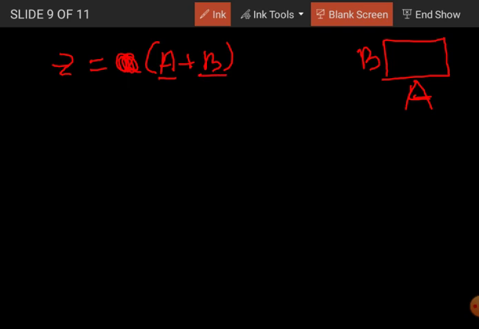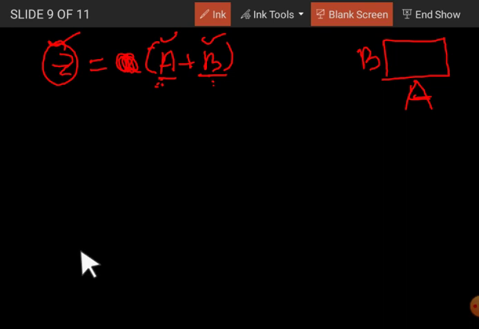So a physical quantity is expressed as the sum of two other physical quantities. Got it? Z is a physical quantity, A is a physical quantity, and B is also a physical quantity. All are measurable quantities, but Z is expressed as a sum of the 2 physical quantities A and B.